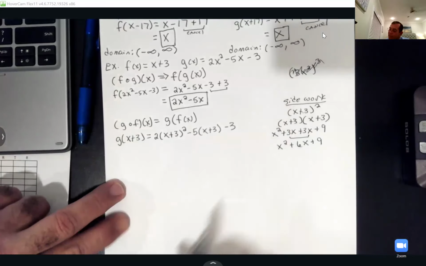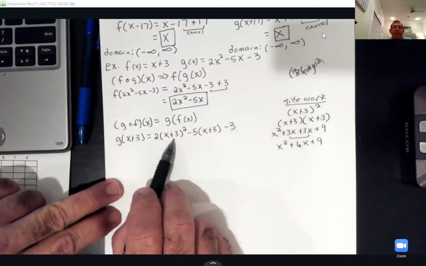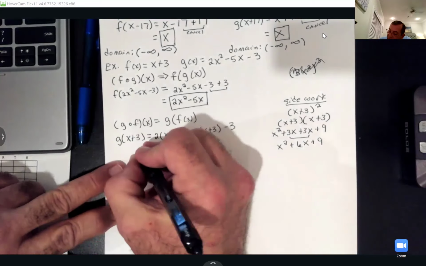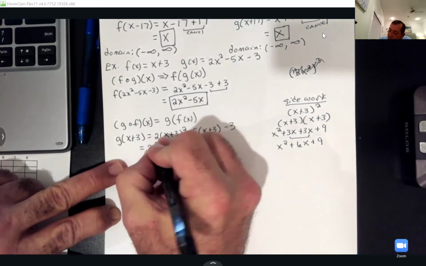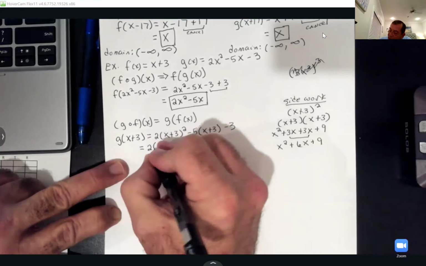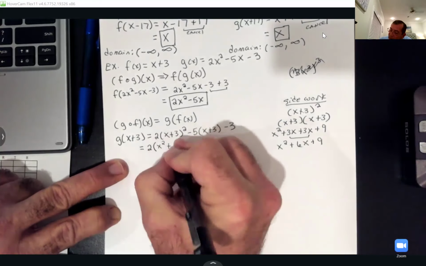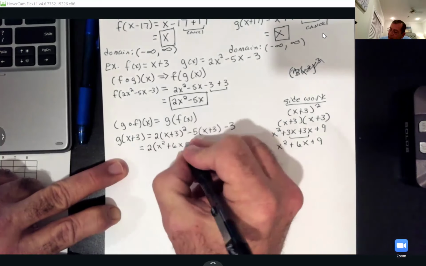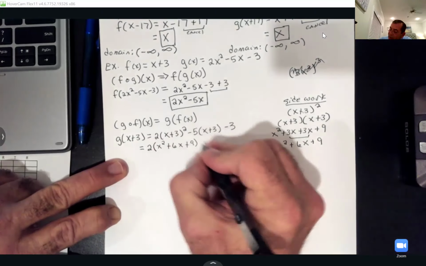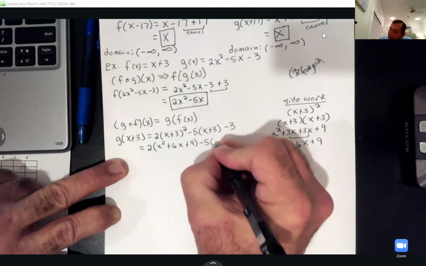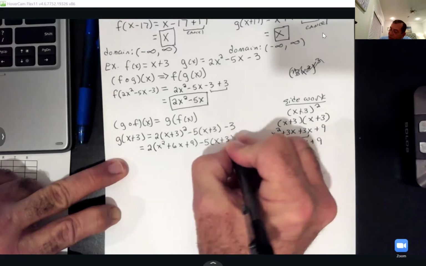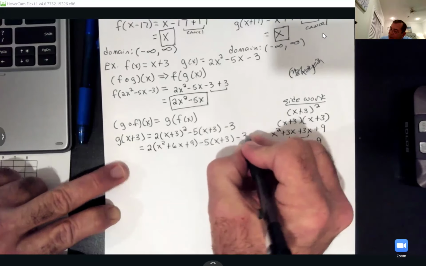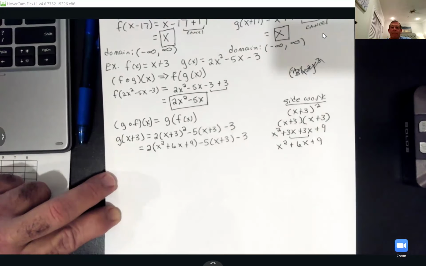Alrighty, so this now replaces the x plus 3 squared. So that's going to give me 2 times x squared plus the 6x plus the 9 minus 5 times the x plus 3 and then minus 3.